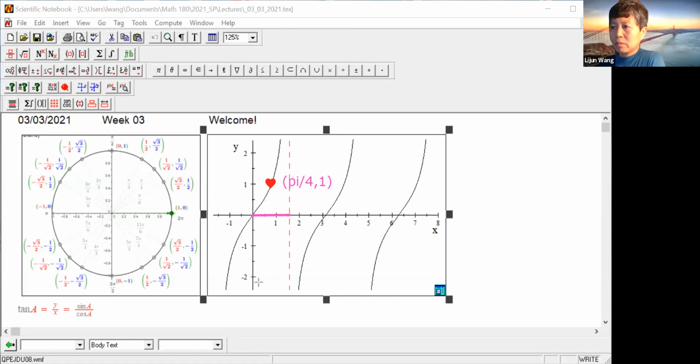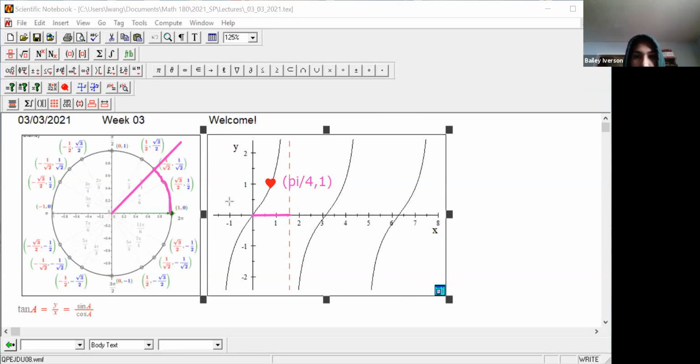And this same length is the same as the arc length on the unit circle, and the terminal is right here. Pi over 4. And what is 1? 1 is the blue number divided by the red number. Do you guys see that? That's the making of tangent. Do you guys follow me?